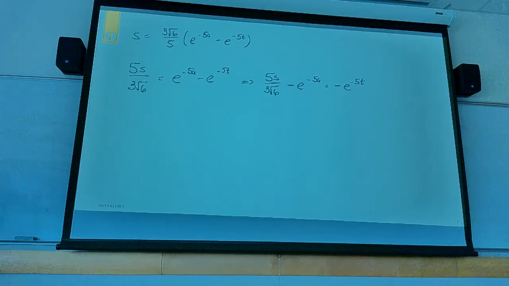So move that e to the negative 5a to the other side. Get rid of the negative. Now what?